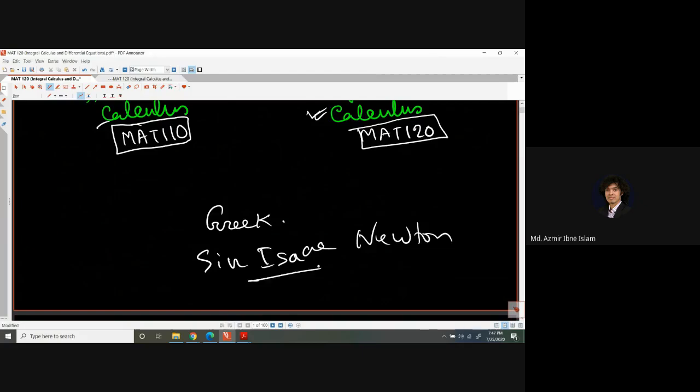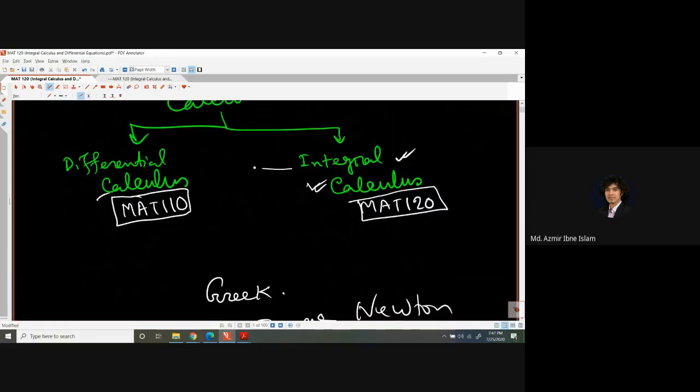So in his time, it was realized that integration and differentiation are actually inverse operations, just like summation and subtraction, multiplication and division. Integration and differentiation are opposite of one another, okay.